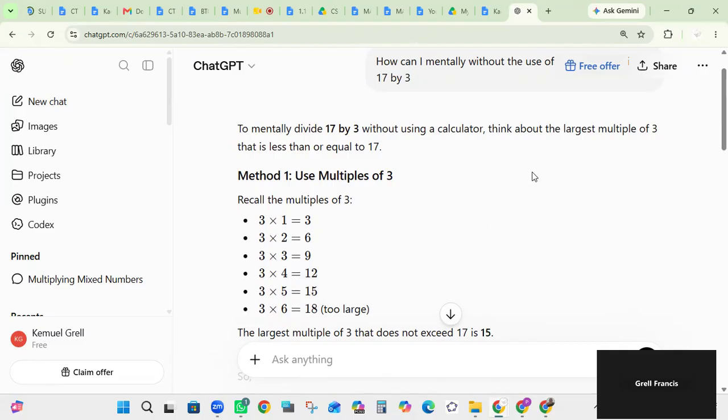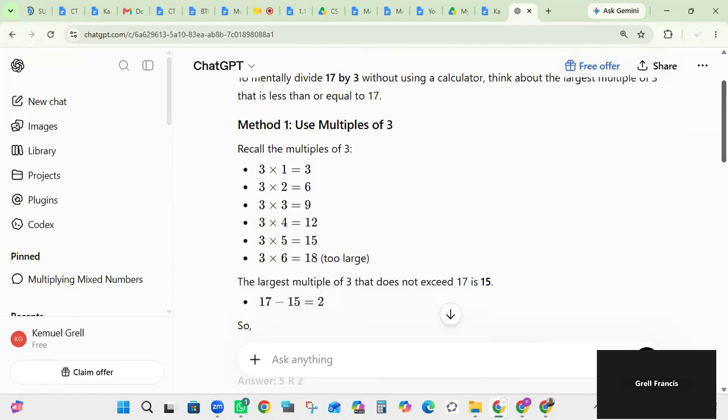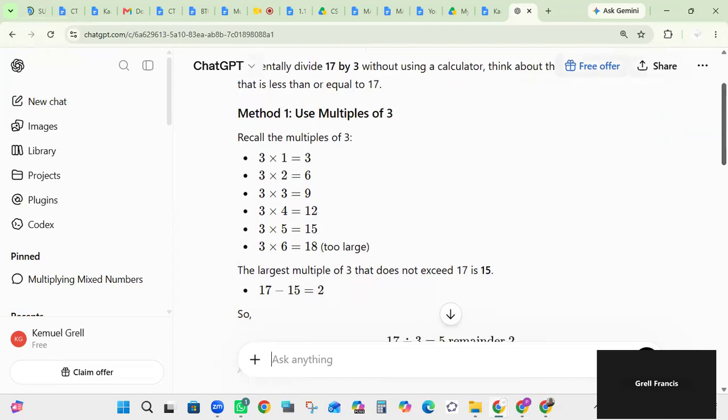So that's method 1. Use multiples of 3. Recall the multiples of 3: 3 ones are 3, 3 twos are 6, 3 threes are 9, 3 fours are 12, 3 fives are 15, 3 sixes are 18. The method is just saying the 3 times table till you get the one that is close to 17 and surpasses it. When you surpass it, you stop.